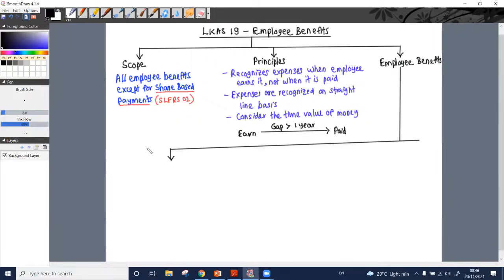These are things you have already discussed during your group presentations. One is short-term benefits.